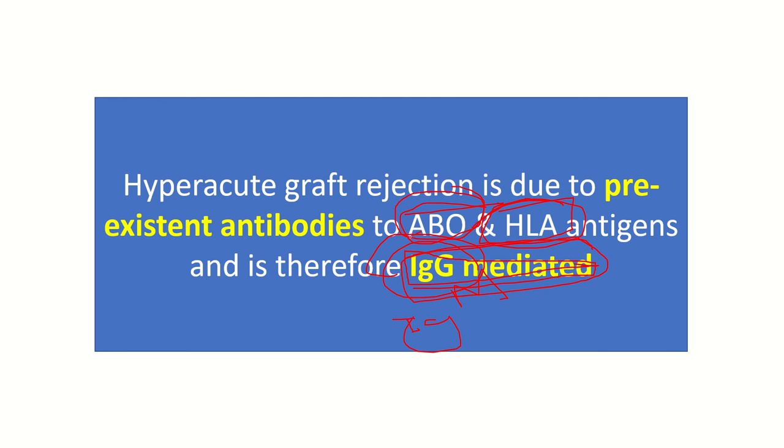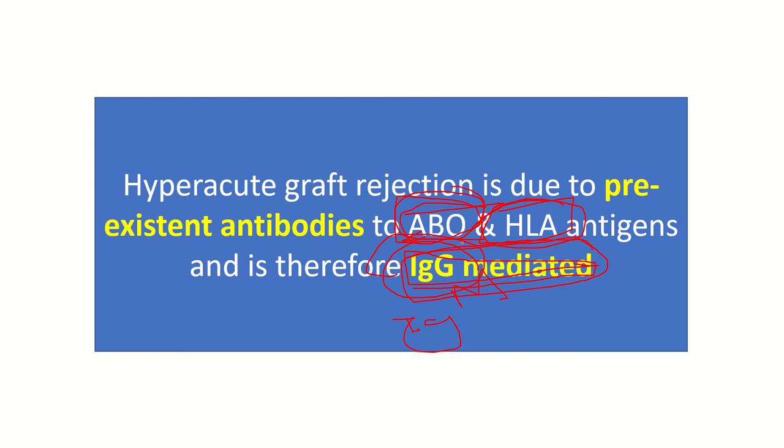So as it is present from a longer time before, it is IgG, and the antibody is not produced immediately. It was a preformed antibody against ABO and HLA antigen. In the recipient blood there were antibodies, but that antibody was produced a longer time before the operation.